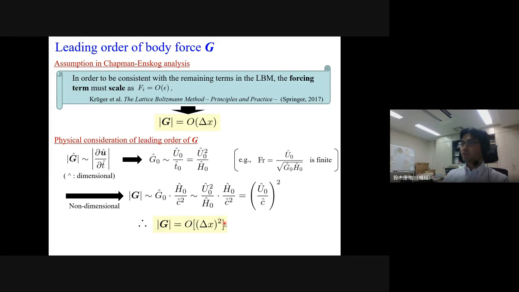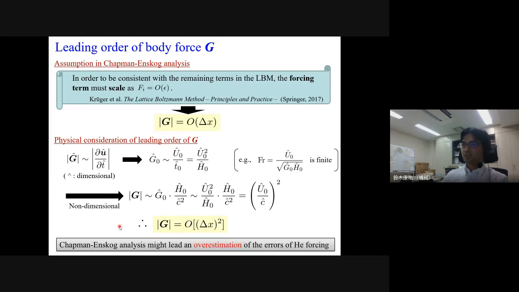So the assumption in the Chapman-Enskog analysis is not consistent with the physical consideration of the leading order of G. Due to this inconsistency, the Chapman-Enskog analysis might lead to an overestimation of the errors of the He forcing.